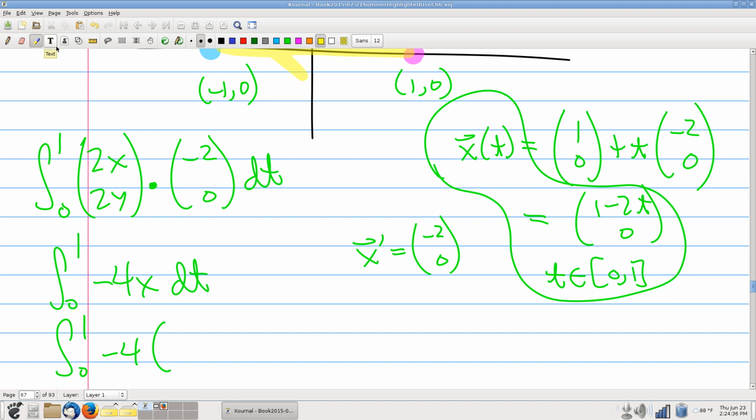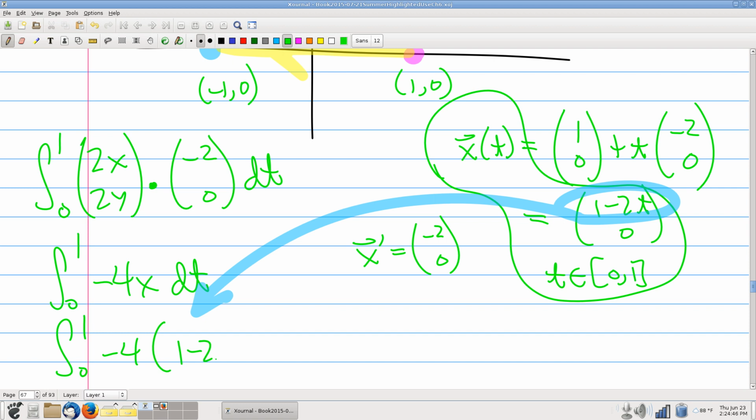X is, I'll do this in blue. That is 1 minus 2t. Now it's single variable. Is that cool? Yeah. See how I did that? So, yeah. Okay.